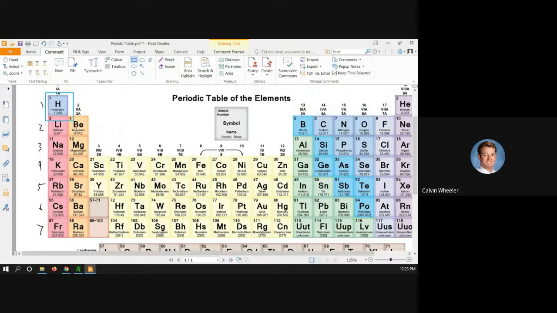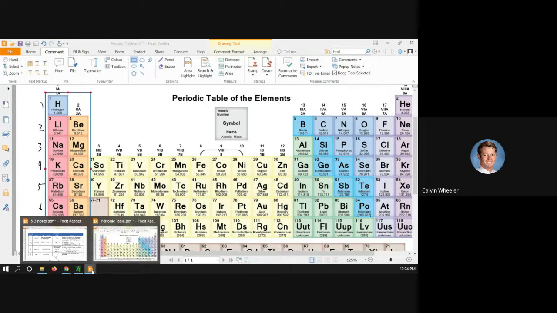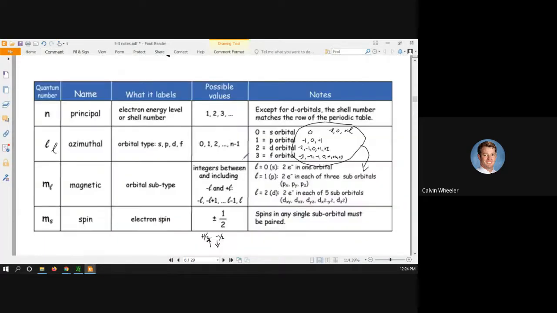Here's where it starts to come together, hopefully. This region of the periodic table, the first two columns, is called the S block. It is called the S block because the outer electron for each one of these will be in a spherical orbital. In other words, we are dealing with the second quantum number of 0.